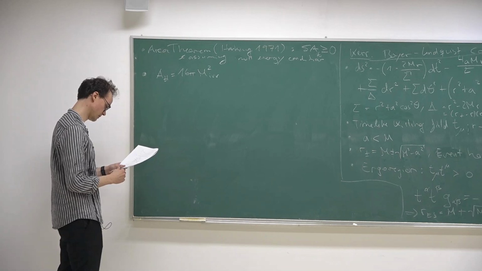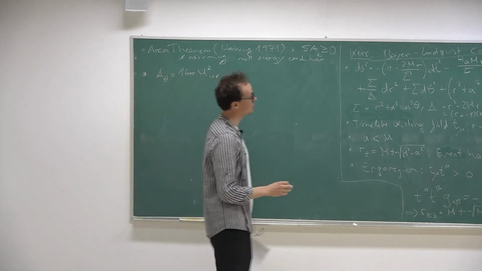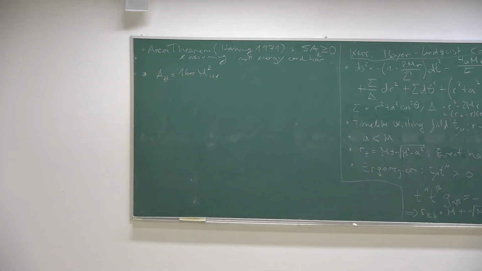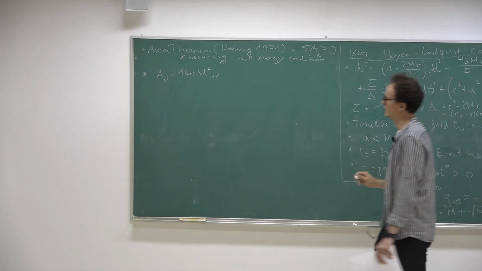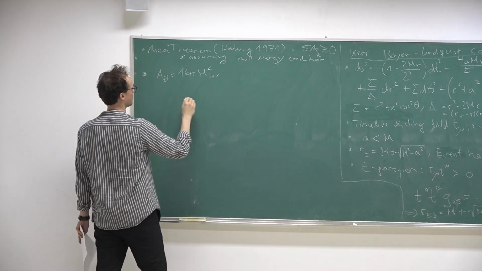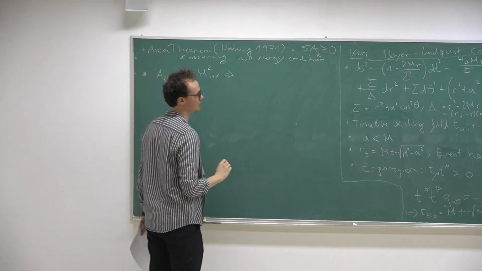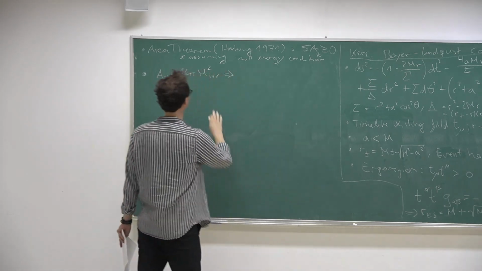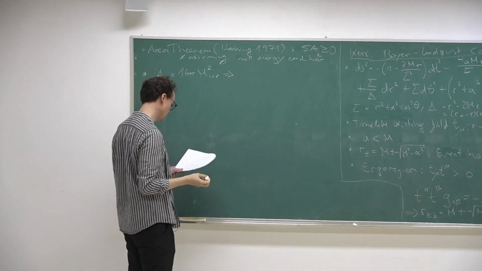Very good. And so basically now, what you can do is take this expression here and write A as a function of M and J, where J is just aM. Then you can write down an expression for the black hole's mass M in terms of the irreducible mass, or equivalently the area.